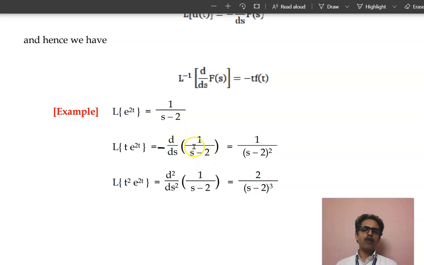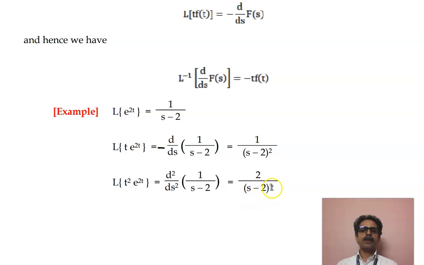You know the derivative of 1 upon s minus 2 with respect to s is minus 1 upon s minus 2 whole square. So the inside minus and outside minus become plus, so we get 1 upon s minus 2 whole square. We can apply the same formula again, and we get Laplace of t square e raised to 2t as the second derivative of this function with respect to s, and that becomes 2 upon s minus 2 whole cube, right?